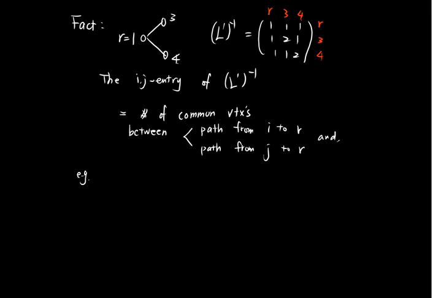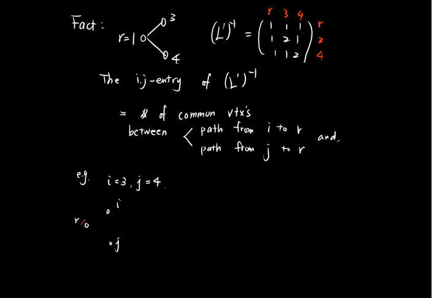For example, let me choose a different one. Okay, I is equal to 3 and J is equal to 4. So you will see this is R and this is I, this is J, and what is the path?